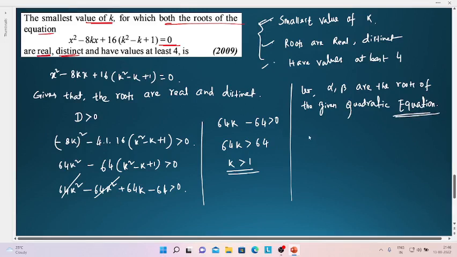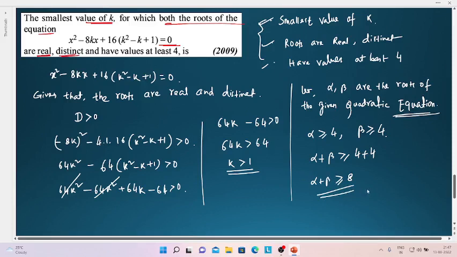So then alpha should be greater than or equal to 4 and beta should be greater than or equal to 4. So what will be the sum of the roots? I mean alpha plus beta, it will be greater than or equal to 4 plus 4, right? So alpha plus beta will be greater than or equal to 8. We got the relation, right?